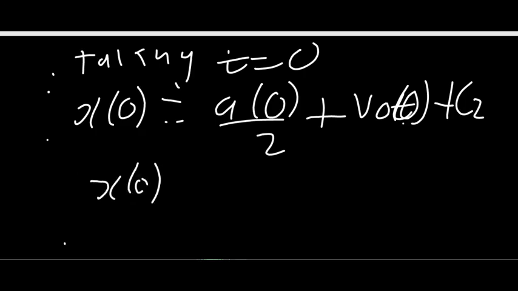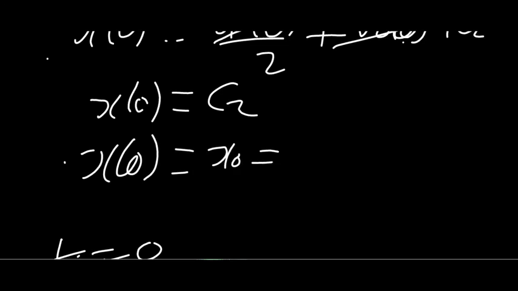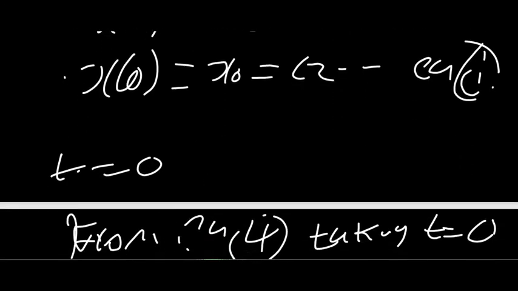So this will be 0, 0, then this will be c2. But taking note that you're going to have initial displacement that we derive in our first equation, we can conclude here and say this is equal to x naught, which is actually a displacement. So we can call this equation D.